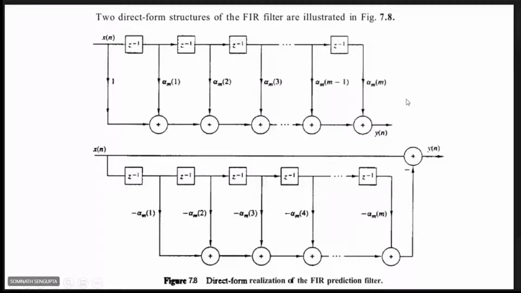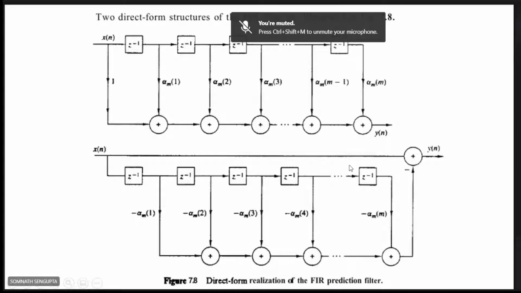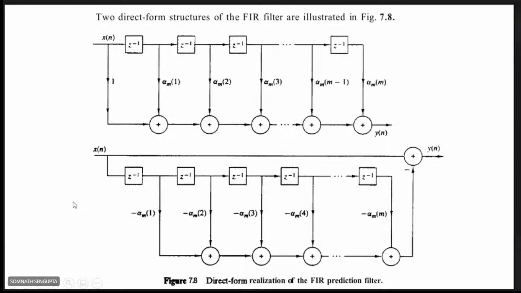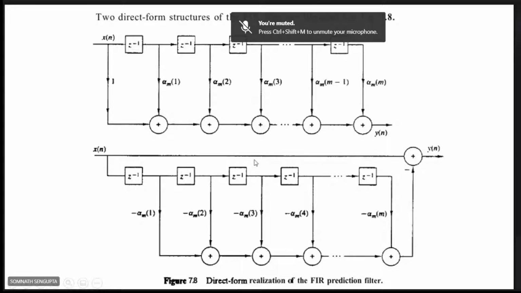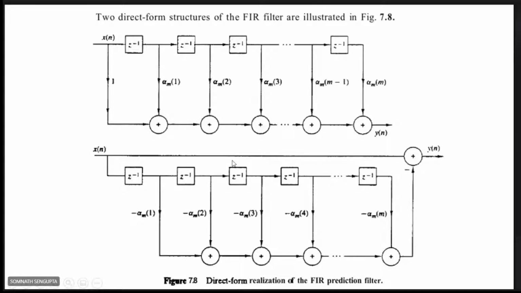Another structure is that we take x of n a different way, directly to the output sequence, where some adder circuit is there, and we consider the adder as the output. This adder calculates the difference between x of n and the predicted value of x of n. How is the predicted value calculated?